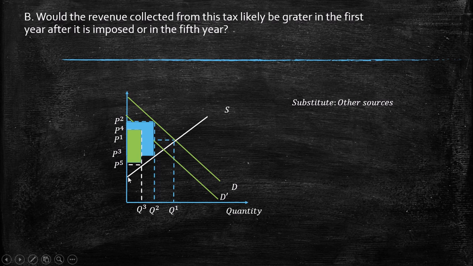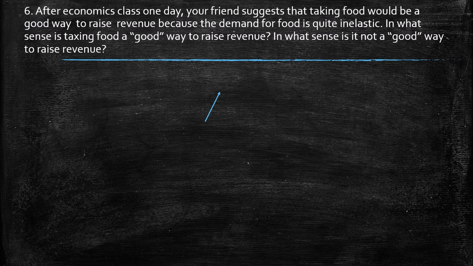The height is exactly the same because this is the size of the tax, which doesn't change during the 5 years. But the base, we saw that it changes from Q2 to Q3, which is lower. So we must say that the revenue collected from this tax will be less.